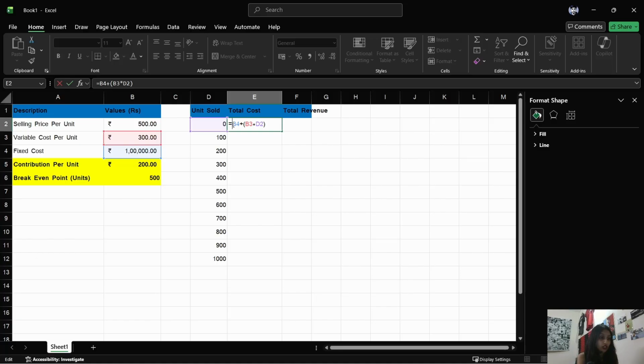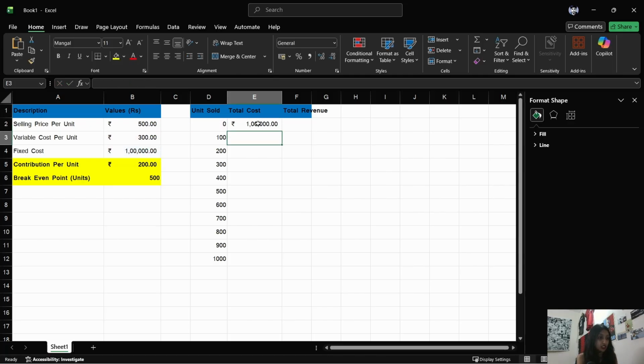I'm going to lock the fixed cost because it's going to be the same, and I'm going to lock the variable cost also. Yes, enter.